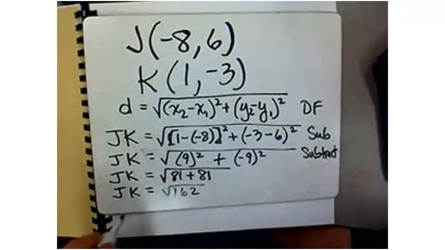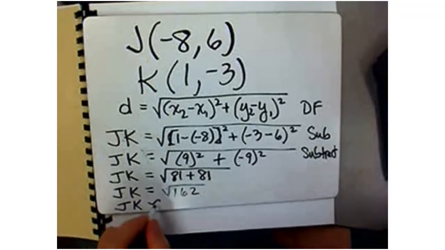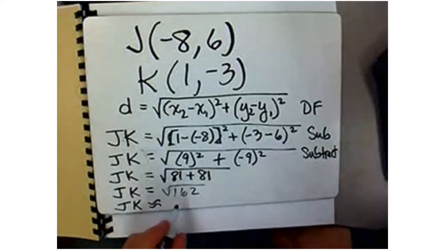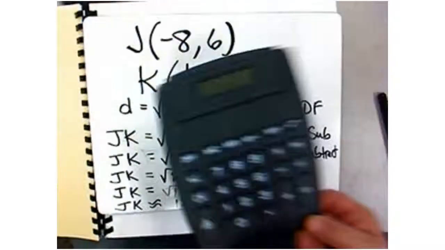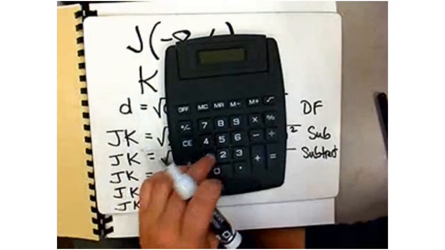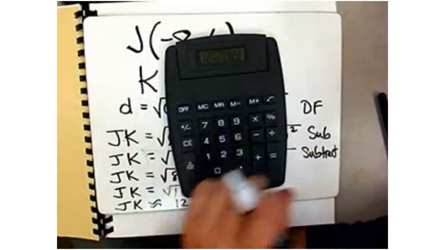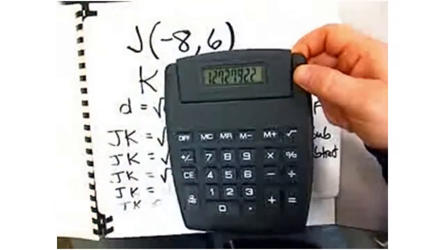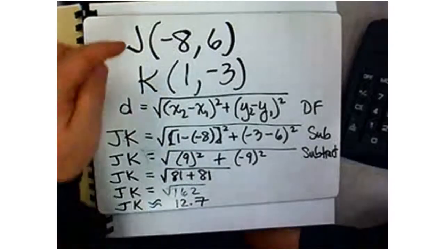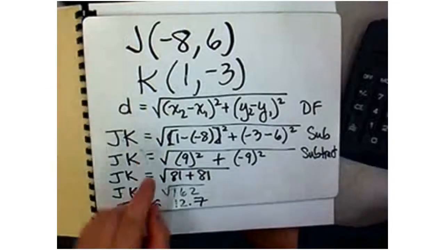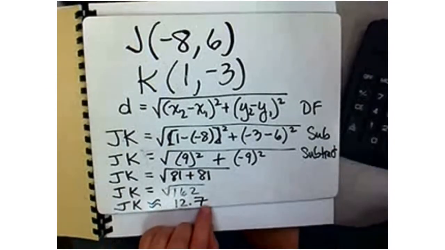So JK is approximately equal to 12.7. If you put the square root of 162 in your calculator, you get 12.727922, and rounded to the nearest tenth, it's 12.7. So the distance between J and K is approximately 12.7 units.